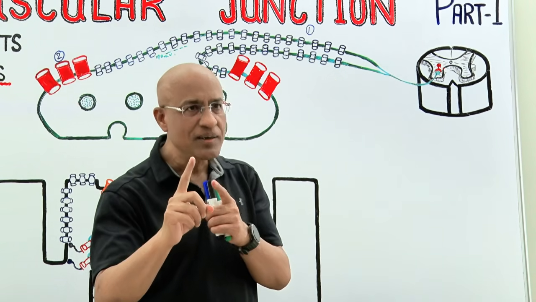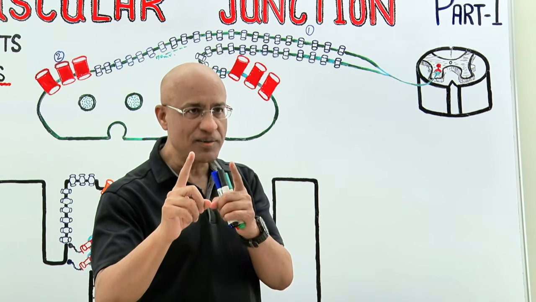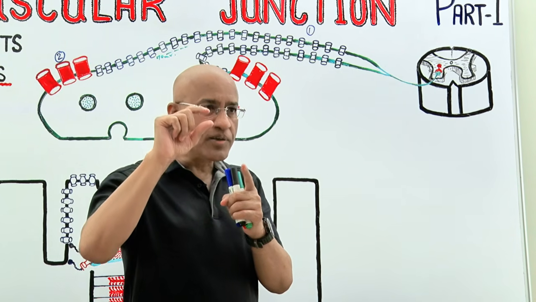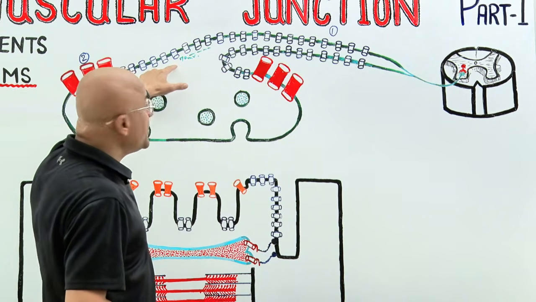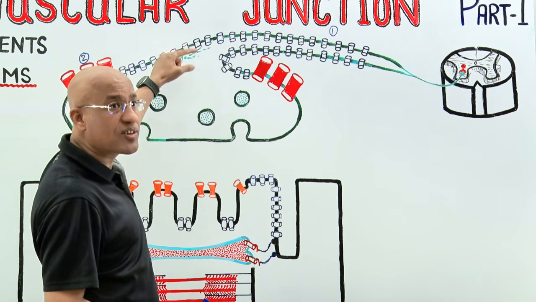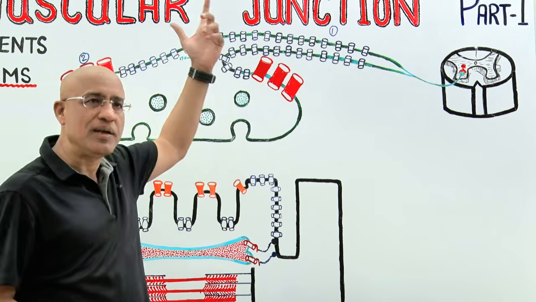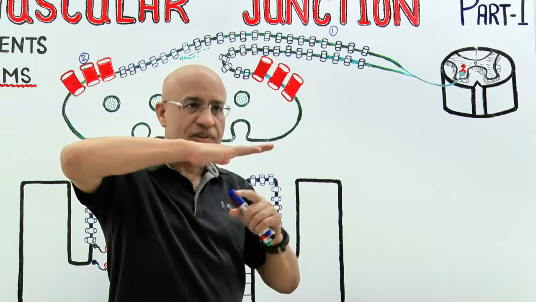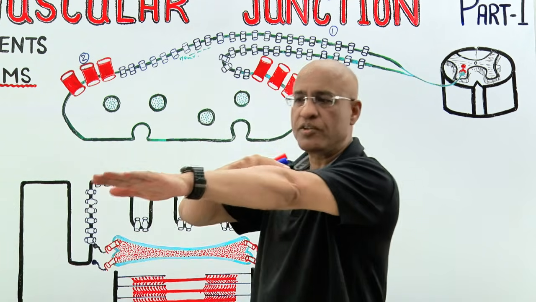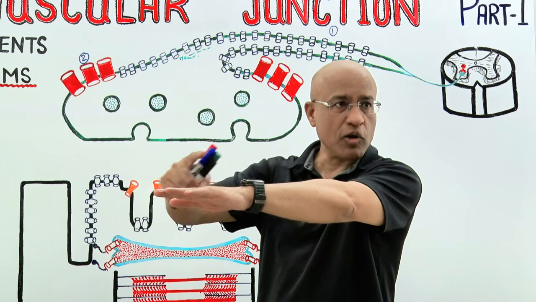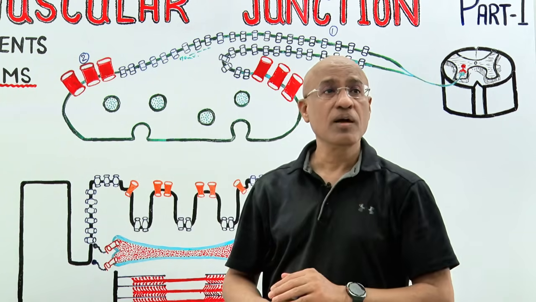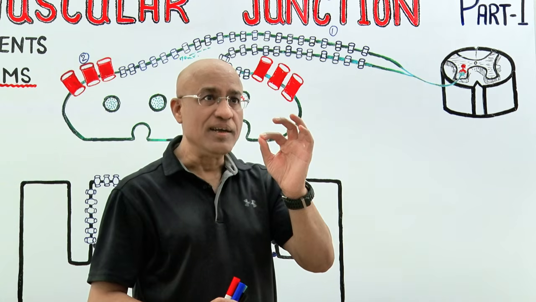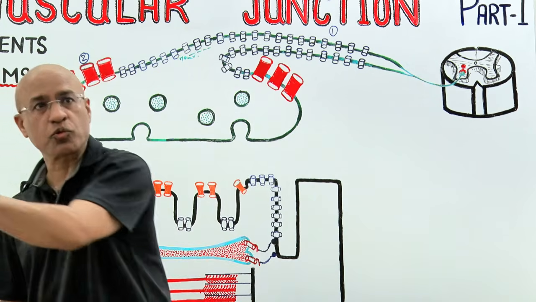Temporary, transient, propagated potential reversal across the membrane. If this is the membrane, then across the membrane the potential reverses, right, temporarily, and then it propagates throughout.